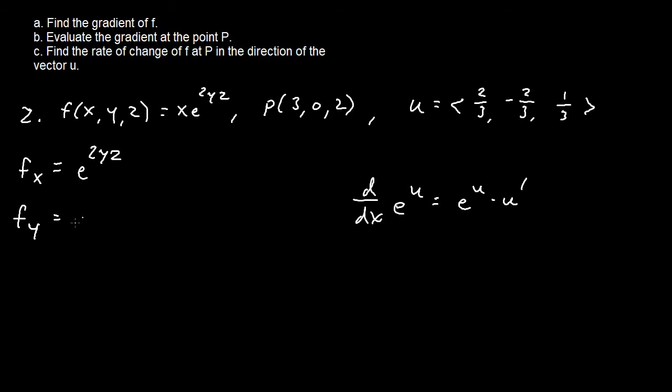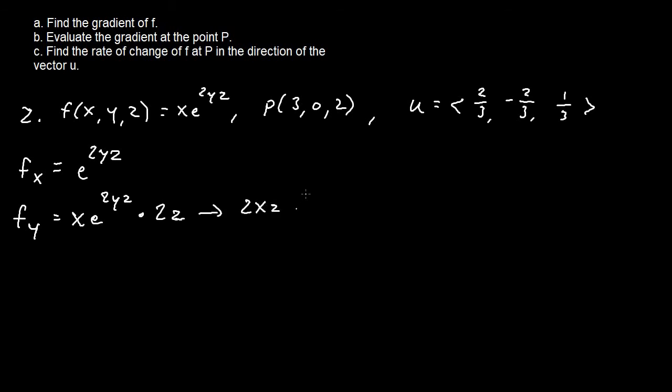So the derivative is x times e to the inside function, 2yz, times the derivative of that inside function. If we're deriving with respect to y, the derivative is just 2z. So I can rewrite it as 2xz times e to the 2yz.